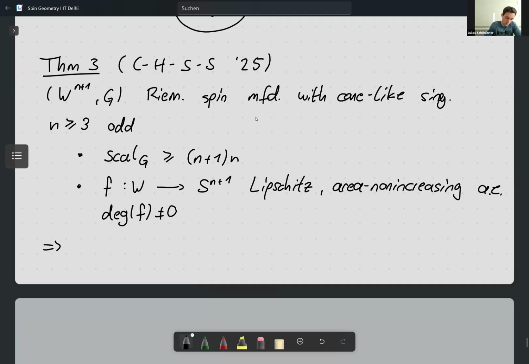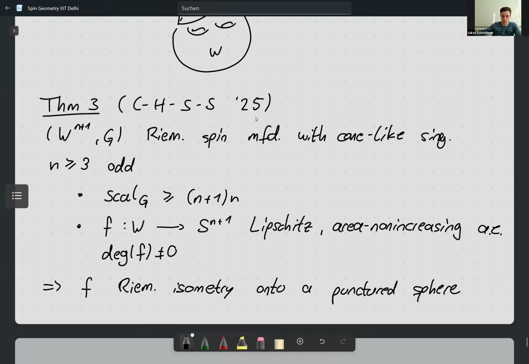And also, we assume that the degree is non-trivial. And then as a conclusion, we get that F is a Riemannian isometry onto a punctured sphere. So these cone points, you can actually add these cone points to the manifold.